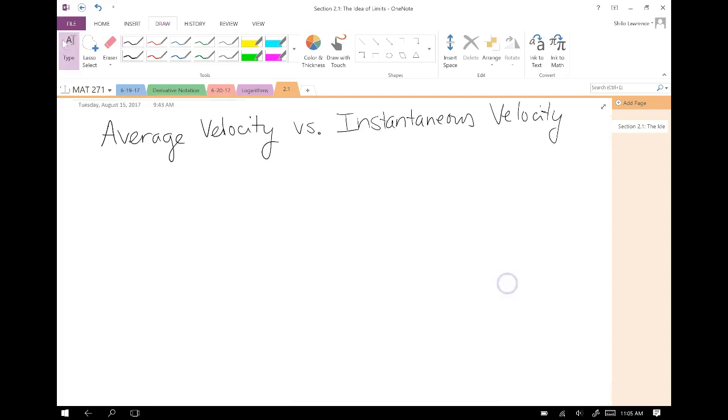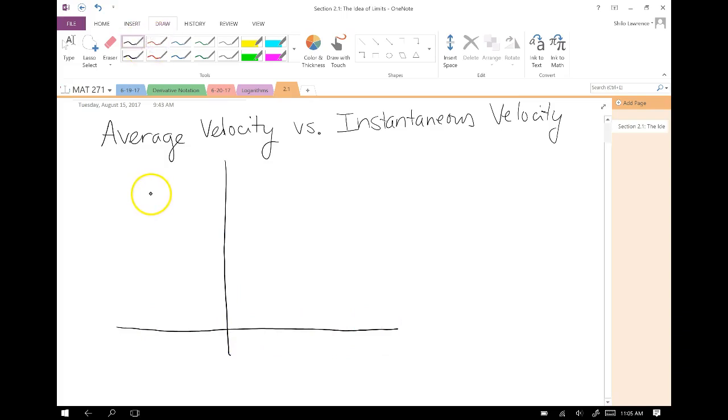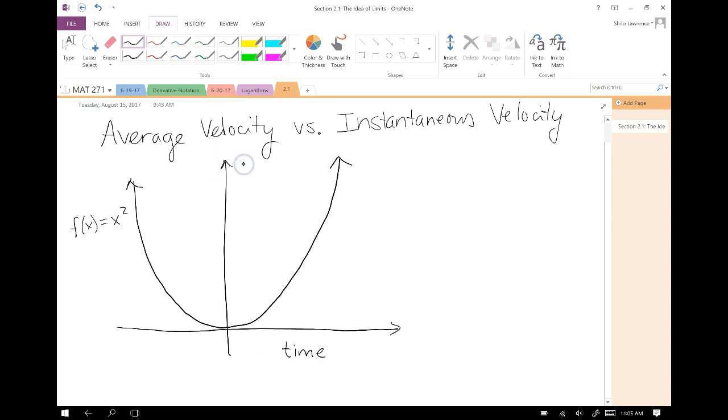So we're going to look at a specific example, and one of the best ways to describe this is with a graph. So I'm going to start with the graph of f of x equals x squared. And let's say that just the right-hand side of this graph is plotting our distance over time.